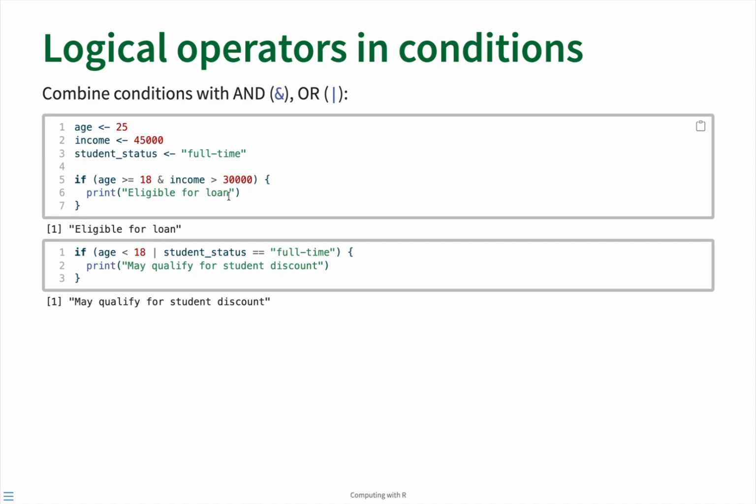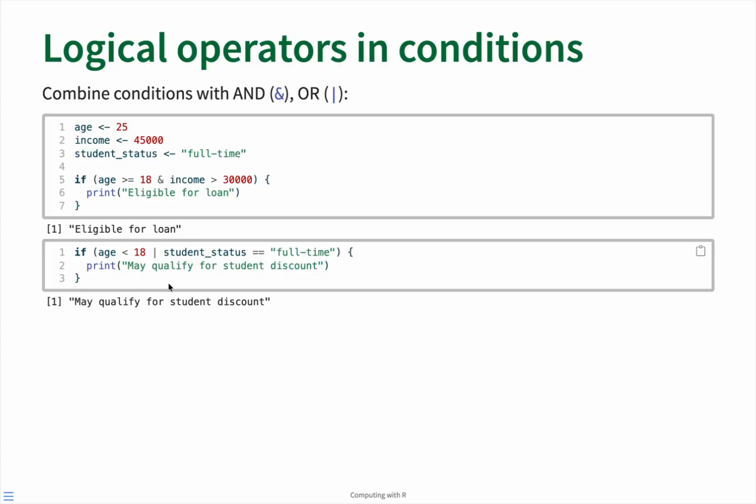We can often combine loops and conditional execution by nesting one type within another. For example, here we have nested an if-else statement within a for loop. For every iteration of the for loop, we're going to set the loop variable i to be equal to one of these 10 numbers, and then we use conditional execution to check whether that number divided by 2 has the remainder 0.